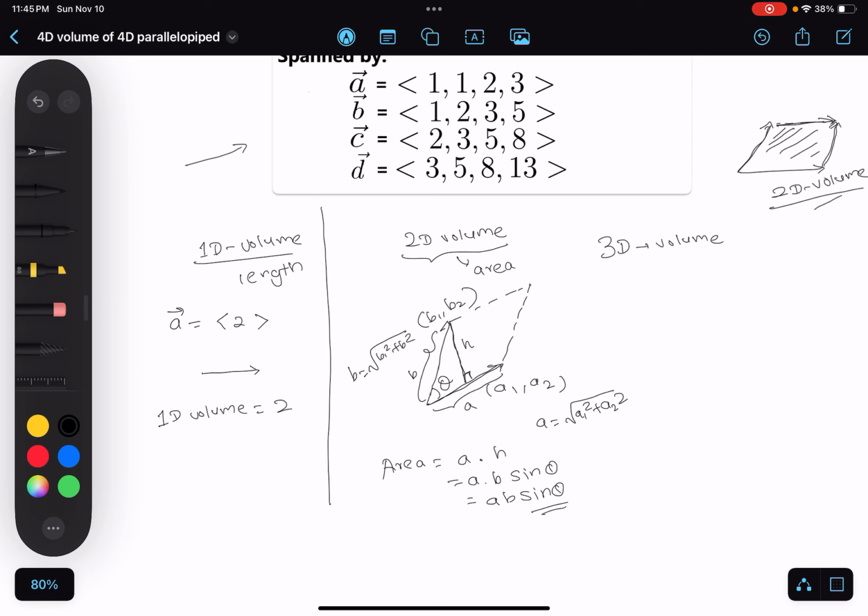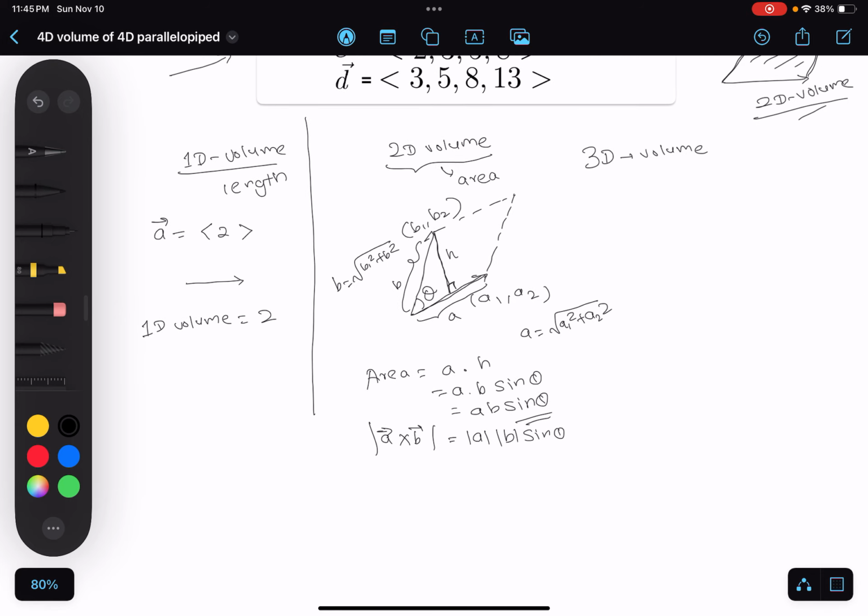So this area is given by ab sine theta, right? Now we also know that this, magnitude of a times magnitude of b sine theta, is also the cross product that we have learned in high school. That this is also the magnitude of a cross b, right? So from here we see that if we take these two vectors, find the cross product and then take the magnitude, that will also give the area of the parallelogram.